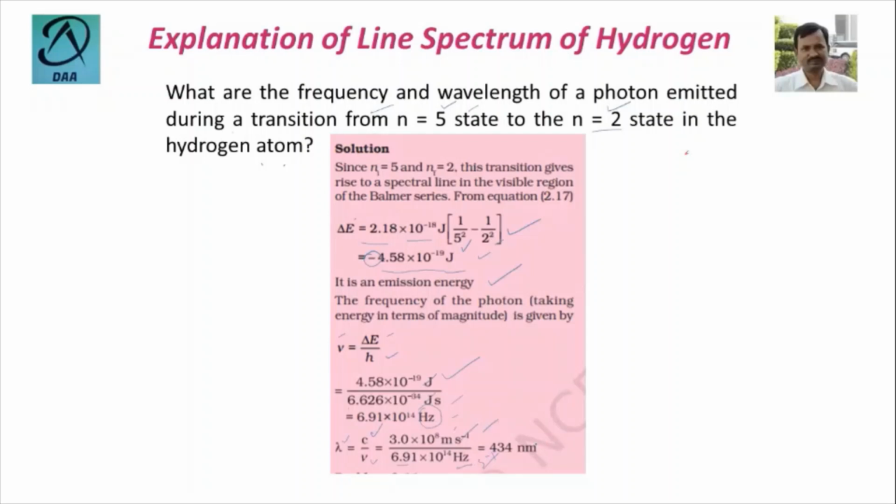When you convert to nanometer, you have to multiply this value with 10 to the power 9, from meter to nanometer, then ultimately the value will come 434 nanometer. So one thing we have to remember, that when converting from meter to nanometer, you multiply by 10 to the power 9 to get this value.